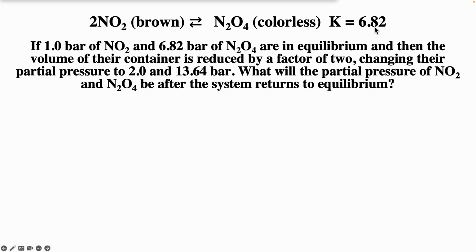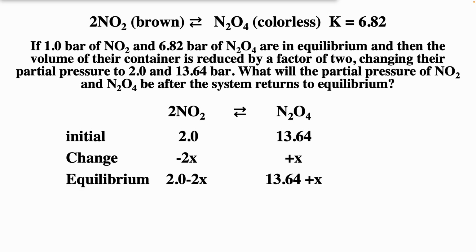Now we can figure it out if we start with our reaction, and so we have our initial, change, equilibrium, so our ICE table. So initially we had 2 bars after the change in volume, and 13.64 bar. Now when 2 of these react, we'll form one of those.